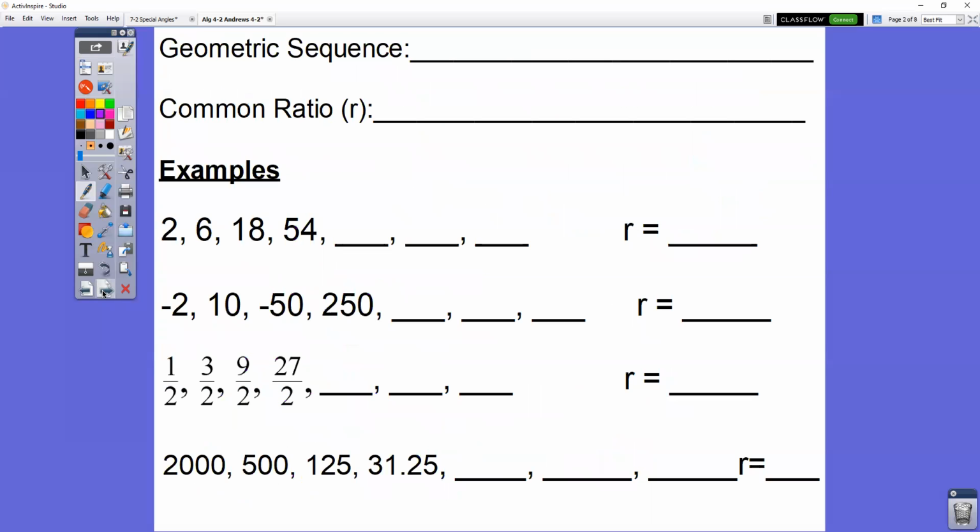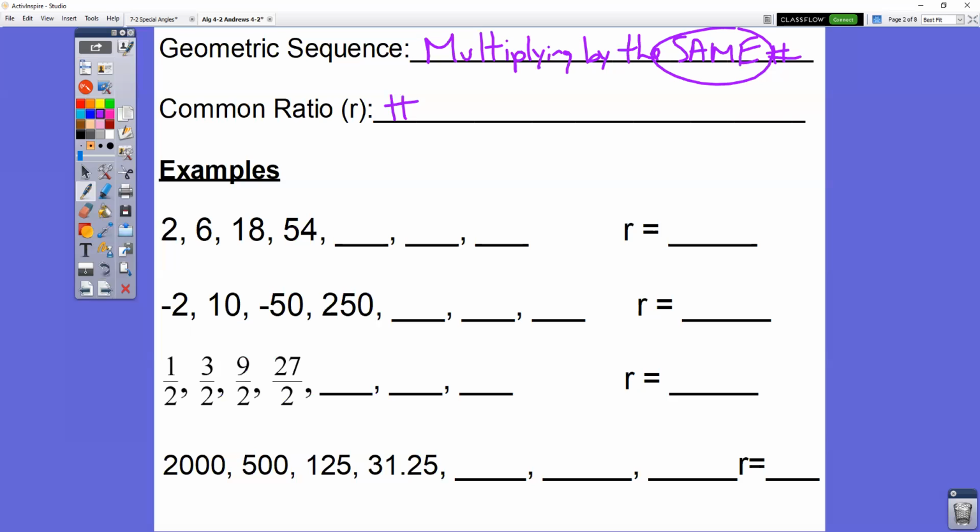The next kind of sequence is a geometric sequence. Geometric sequences are multiplying by the same number each time. Again, it's the same number. Where in arithmetic sequences we're adding or subtracting, geometric are only multiplying. We are multiplying by the same number each time.